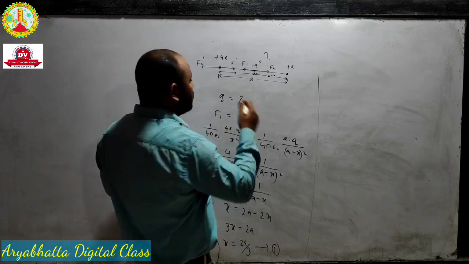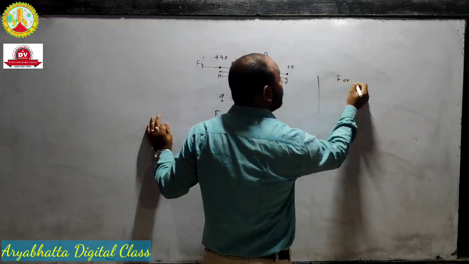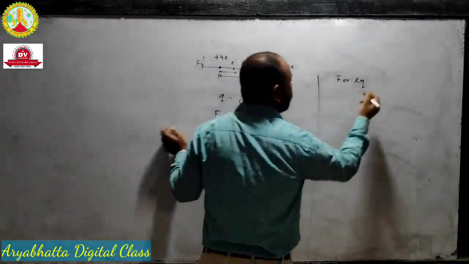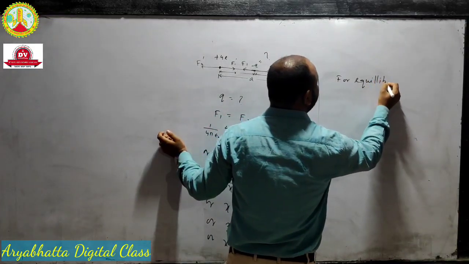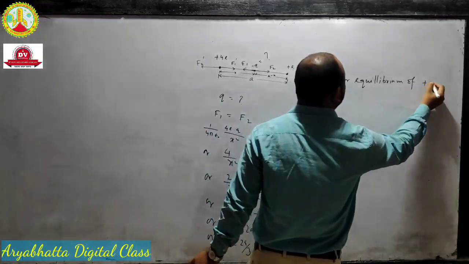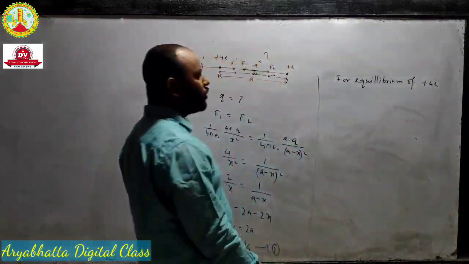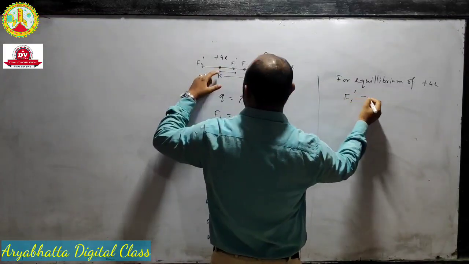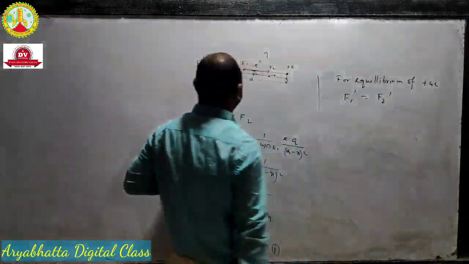That means for equilibrium of plus 4e, this F1 dash must be equal to F2 dash.